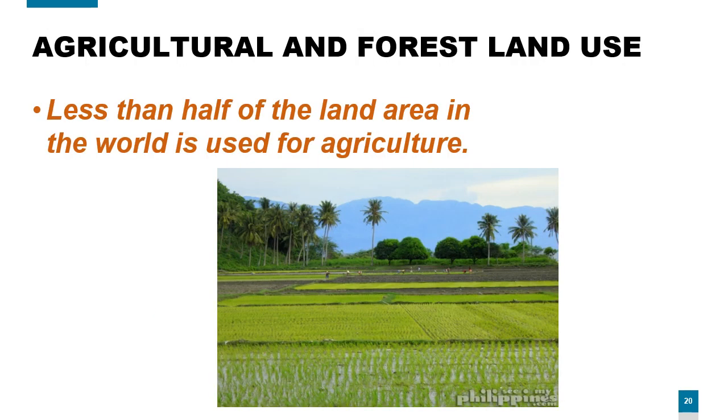Less than half of the land area in the world is used for agriculture. So, why is agriculture important? Di ba? Bakit ba kailangan natin ng agriculture? Hindi lang naman sa agriculture, but of course, sa bodies of water, ang tawag doon is aquaculture. Bakit kailangan? Okay?